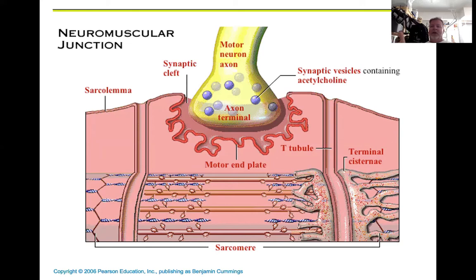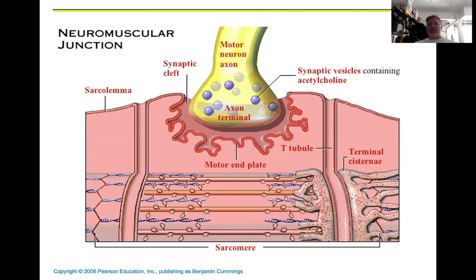It's along the sarcolemma, so on the surface up here, and then going down the T-tubules, all along the sarcolemma. Anyway, we have to see a rise in intracellular calcium, and that's the final trigger for contraction. Linking the electrical signal to the contraction is called excitation-contraction coupling. Sorry, I missed a word in there.